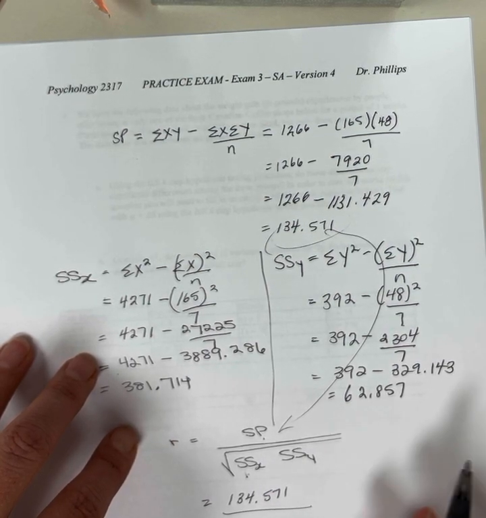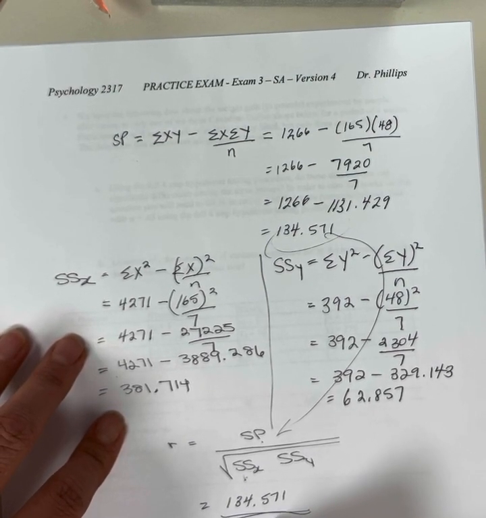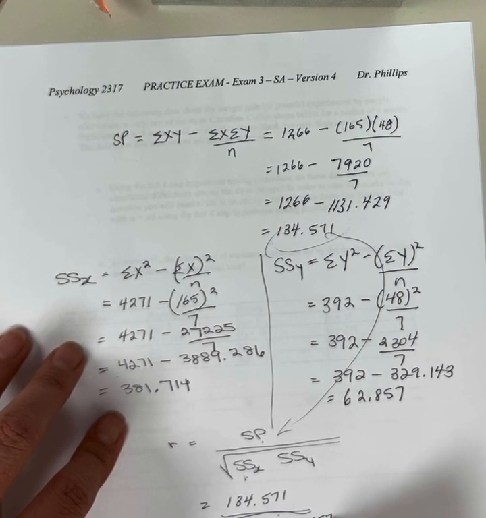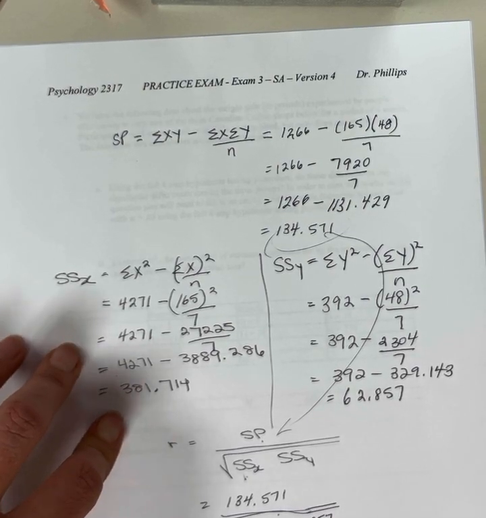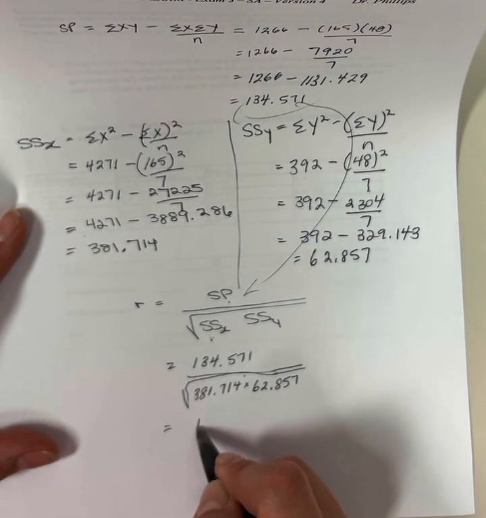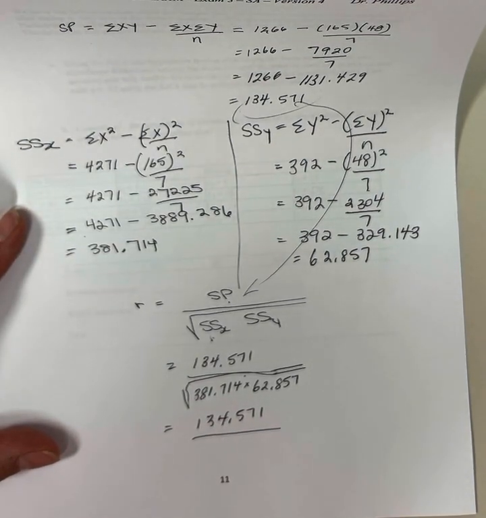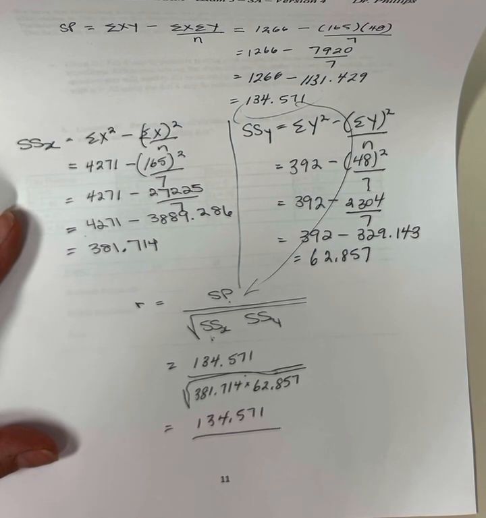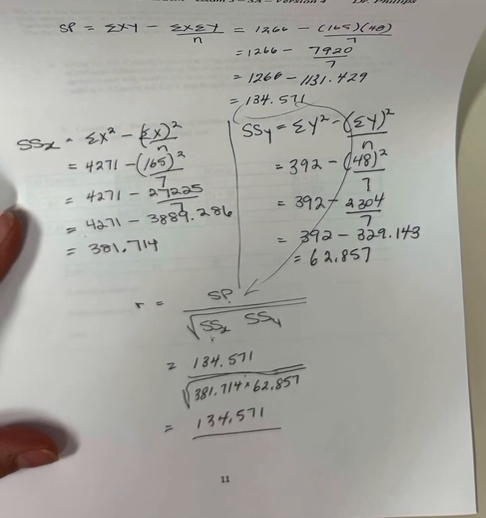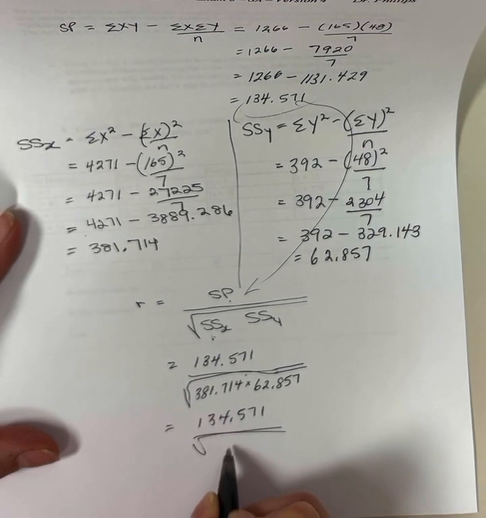So we have 134.571, and on the denominator we have 381.714 multiplied by 62.857. I'm running off the screen there. Sorry about that. So I have 134.571 divided by 62.857 multiplied by 381.714. Don't forget, I still need to square root that, right?